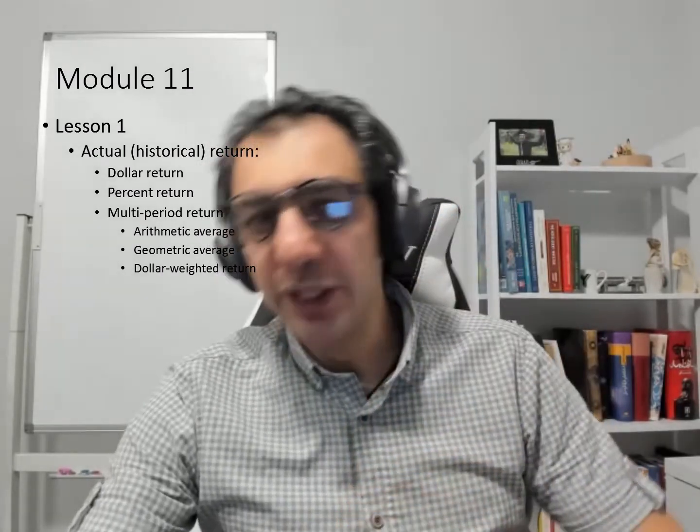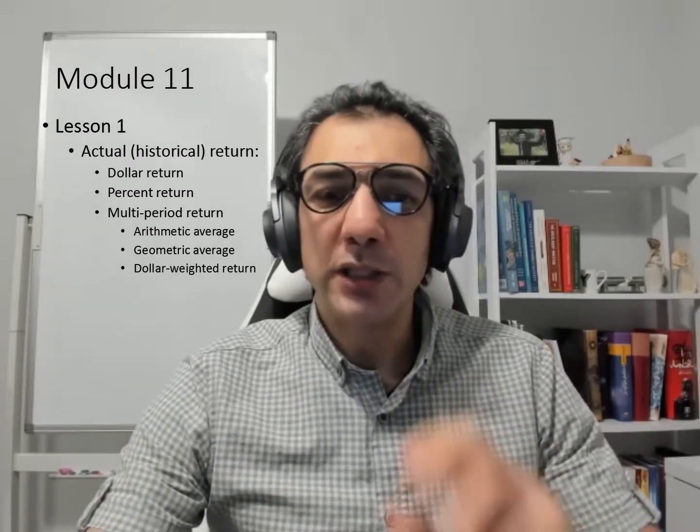So in this lesson, I will talk about different terminologies related to return. I will talk about the historical return, what we mean by dollar return and percent return, and also we'll talk about multi-period return, in which we can use either arithmetic average or geometric average.